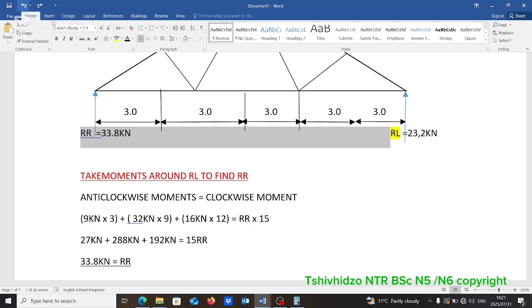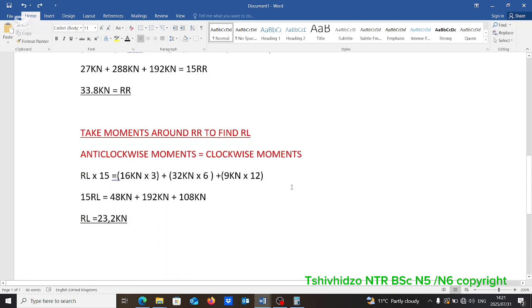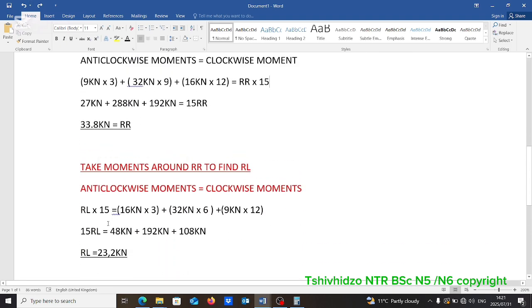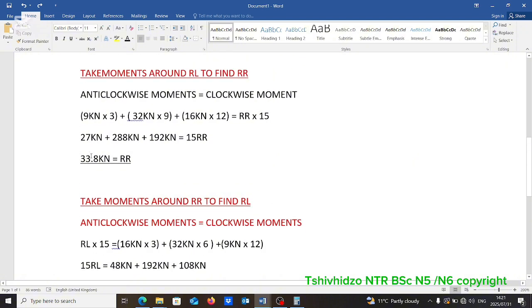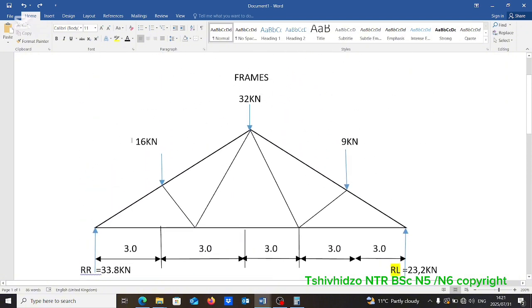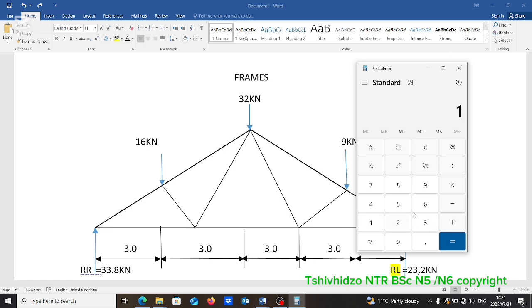Okay, now we have RL, which is 23.2, and then 33.8. Let's check. We have 16 plus 32 plus 9 equals 57.